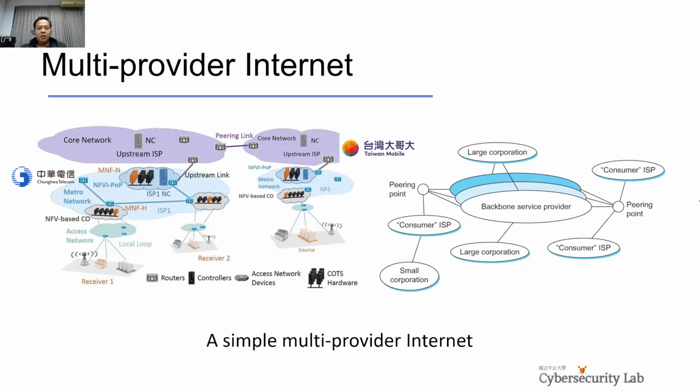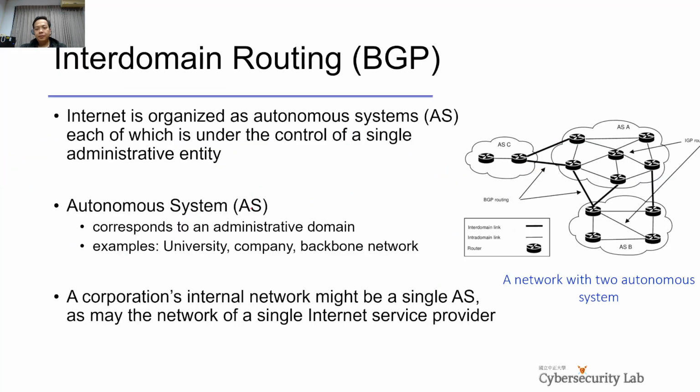And we have a lot of providers or ISPs, like Chunghwa Telecom or Taiwan Mobile, and each of these ISPs will connect together, and each will go to the core network. And we have interdomain routing, which uses BGP. We already talked about this problem when we learned about routing.